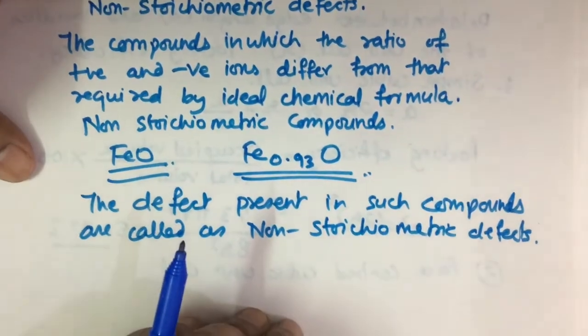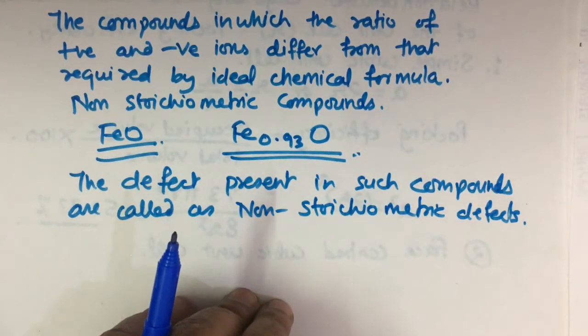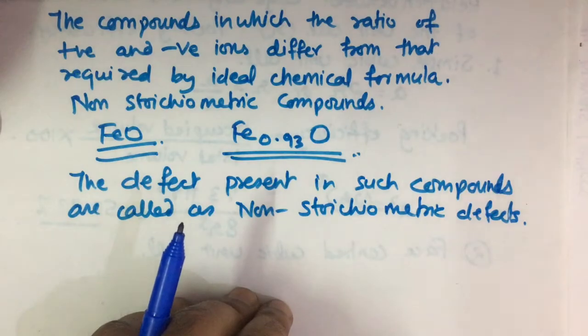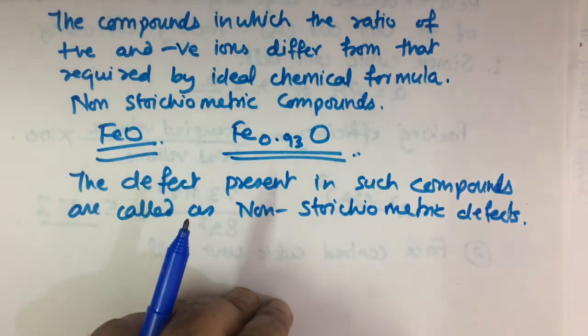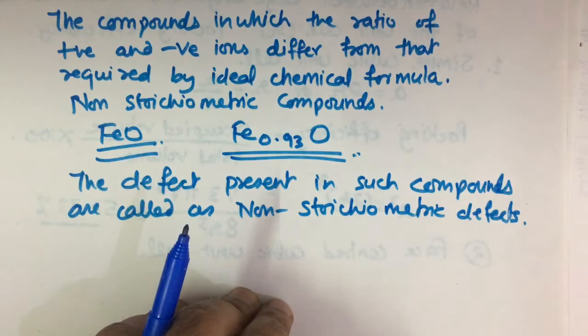Now these non-stoichiometric defects are mainly found in the transition metal compounds where there are a number of free electrons, and the cation, that is the metal ion, shows variable oxidation state. Some of the lanthanoids and actinoids also show the non-stoichiometric defect.